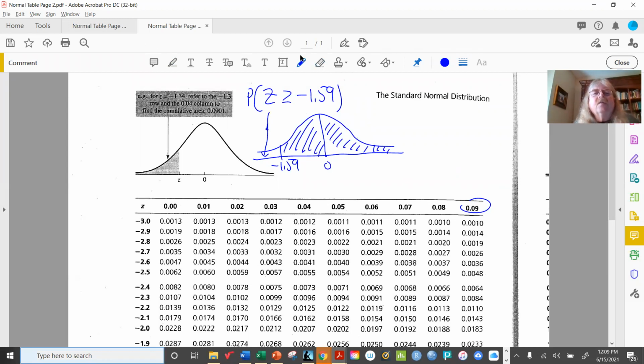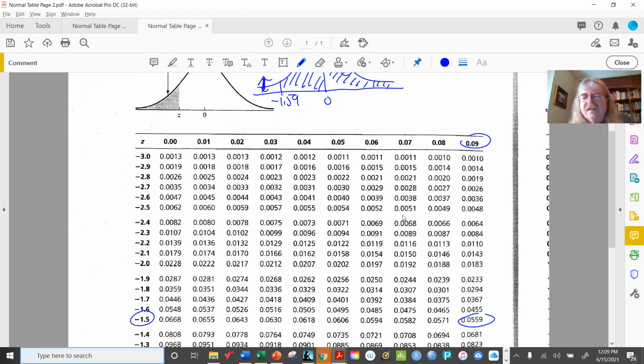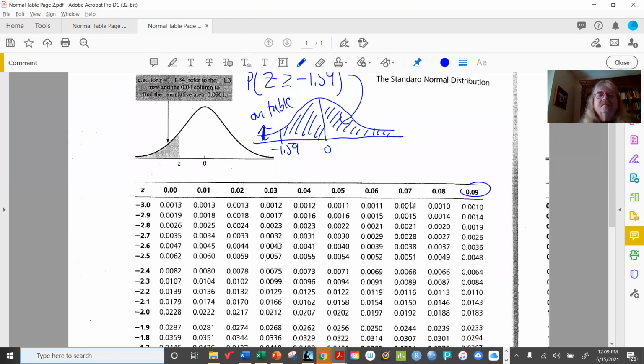I pointed the arrow the wrong way. The number that we actually want is everything above negative 1.59. That's this piece. Okay, but this is what's on the table. And that number, as we just started to see, is 0.0559.